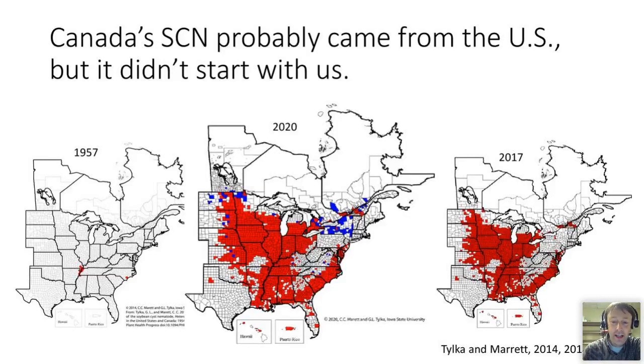We believe it originated in Asia. As Mark mentioned, it was first found in 1954. Soon after that, it was found in counties in the Midwest, and it has really expanded since that time to all of the soybean growing regions in the U.S. You can see in this 2020 map, all of the counties in Illinois and all of the counties in Iowa, which are the two largest soybean growing states, are positive for SCN.